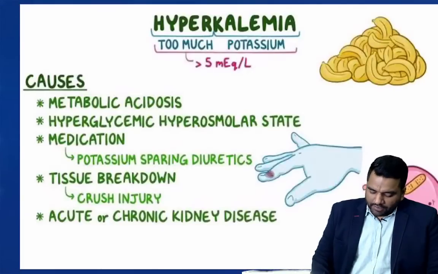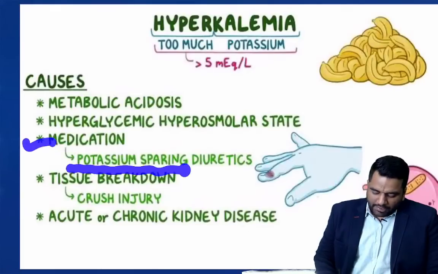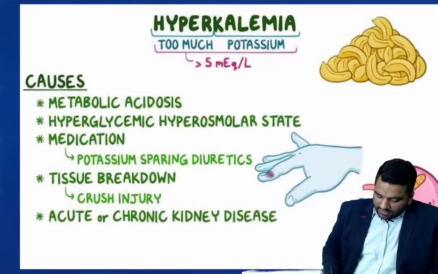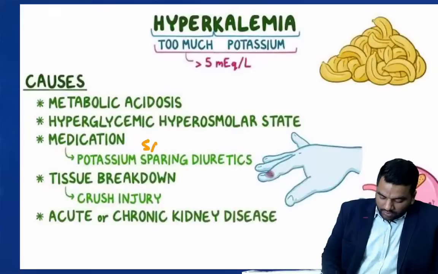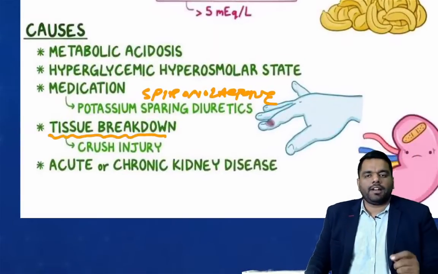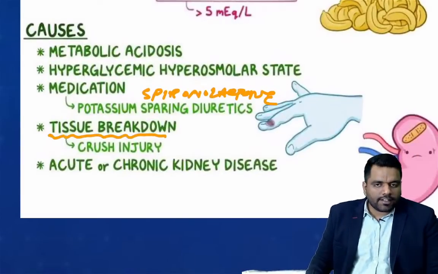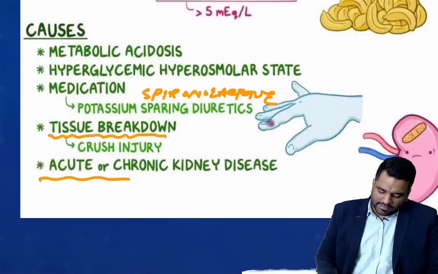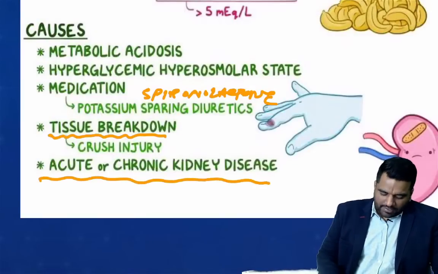Then medications like potassium sparing diuretics. And what is the name of the potassium sparing diuretic? Right, beta? This is spironolactone. Then muscle injury. If anybody has had an RTA, a road traffic accident, due to the muscle injury or crush injury, hyperkalemia can be present, or acute or chronic kidney diseases can lead to hyperkalemia.